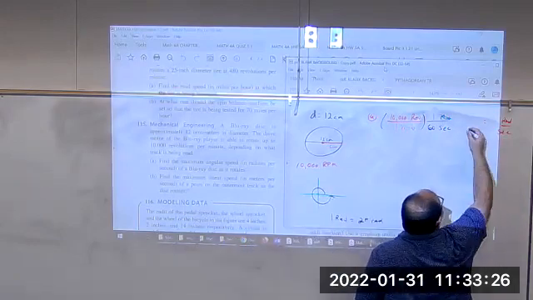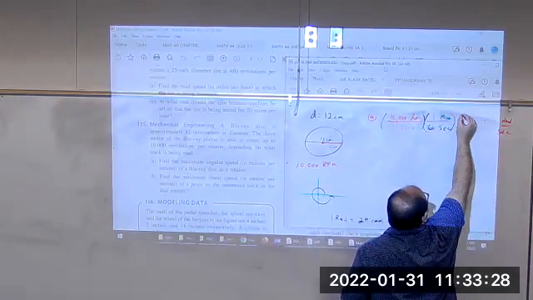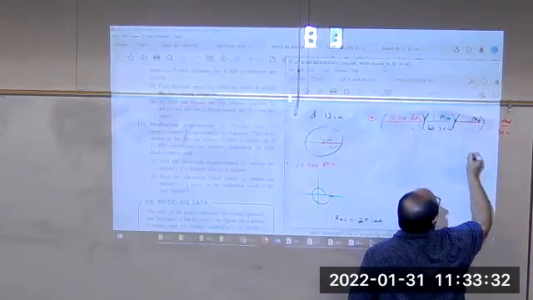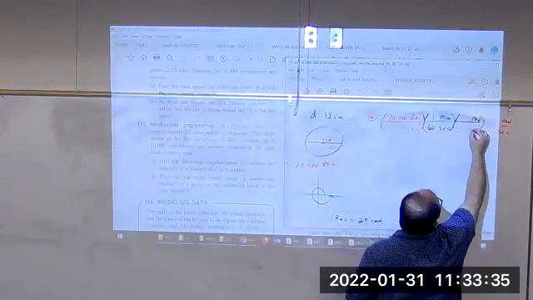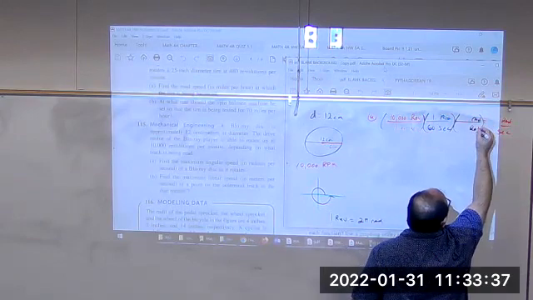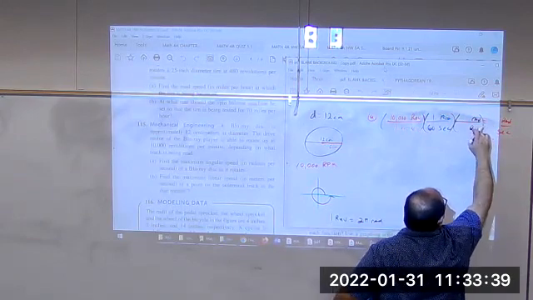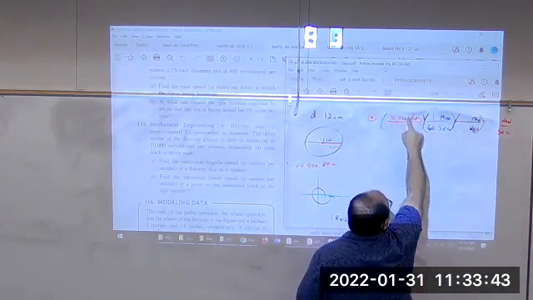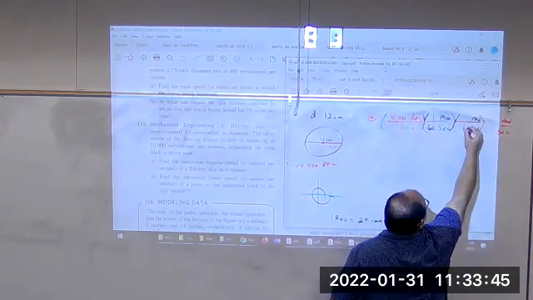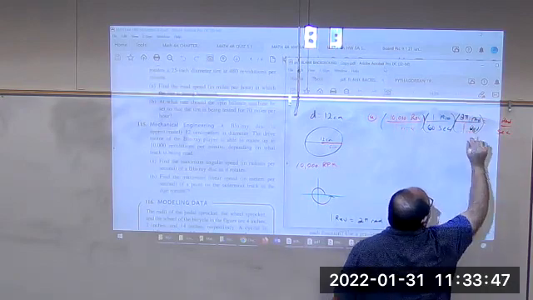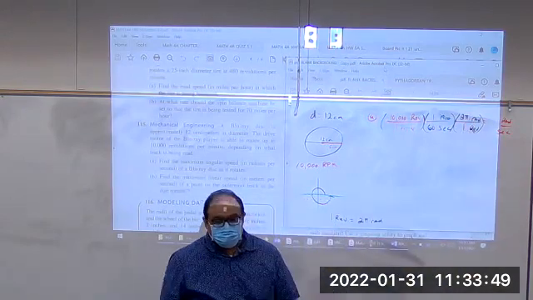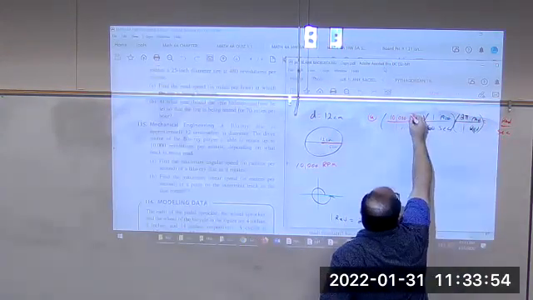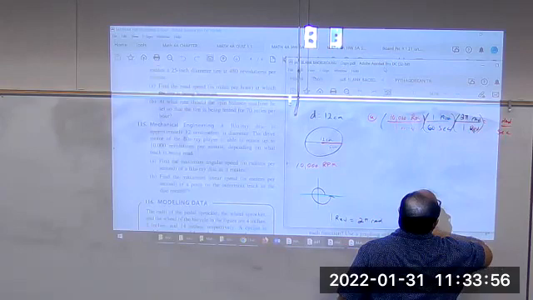I want radians in the numerator, so I'm going to want radians up here. And I want to undo revolutions, so I need revolutions down here. So for every one revolution, there are 2 pi radians. And now you can see that revolutions divided by revolutions reduce.